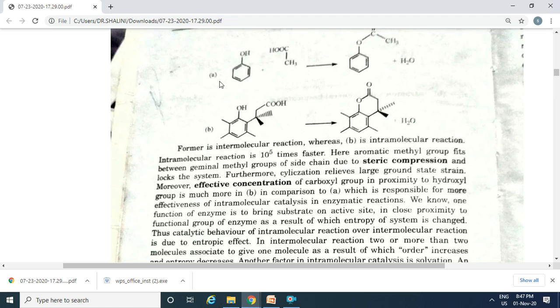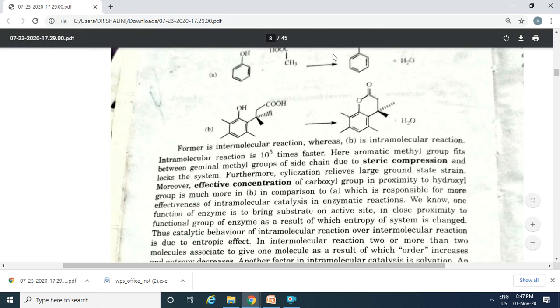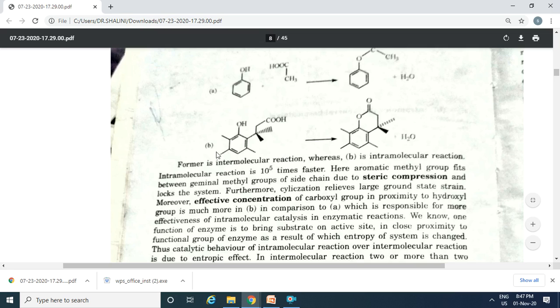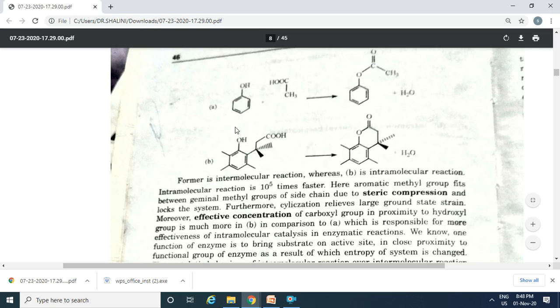Here we look at what is happening in reaction A. In this reaction, what is happening? In B type of reaction, what is happening here?